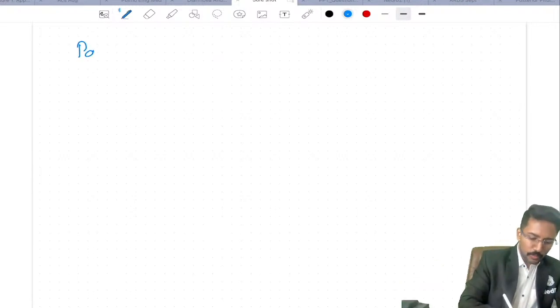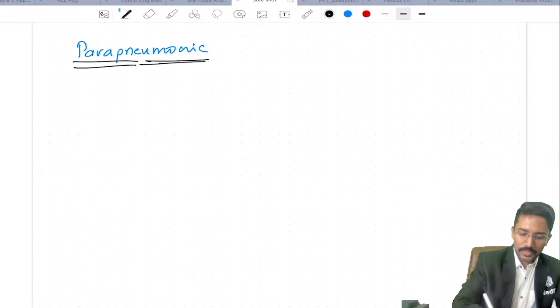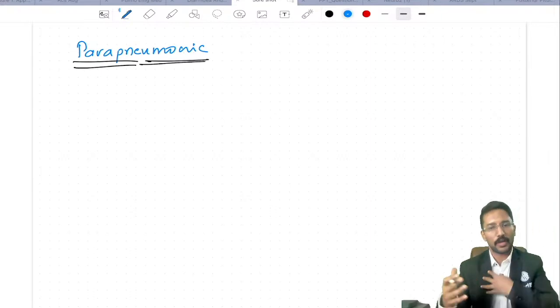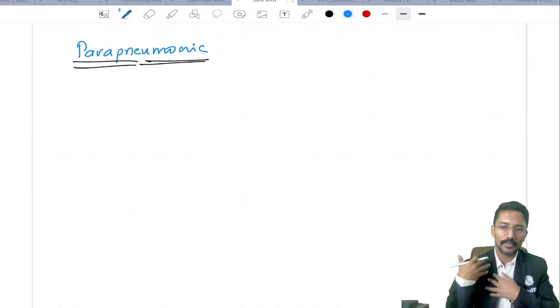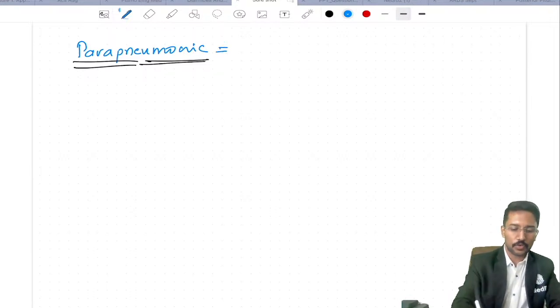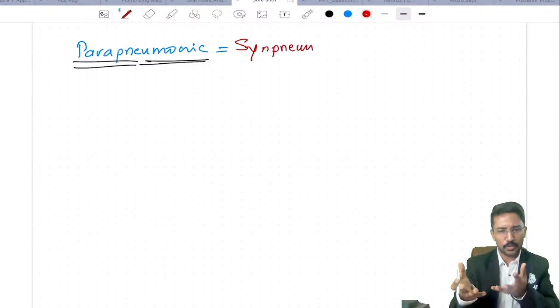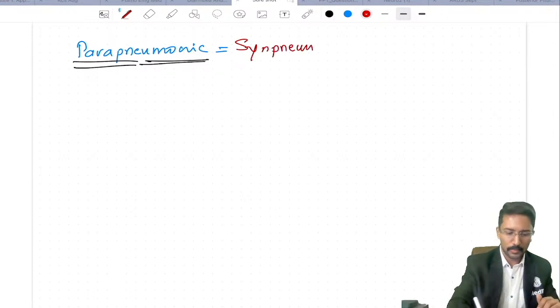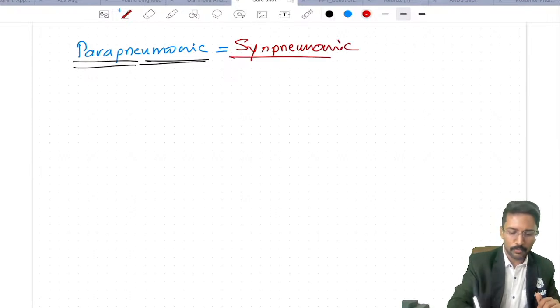Okay, in parapneumonic effusions, the term para means the effusion is happening parallel to pneumonia. You have a pneumonia, and simultaneously there is effusion. That's why you use the term parapneumonic. Parapneumonic effusion is also called synpneumonic effusion. Syn means simultaneously, para means parallelly, same, right?